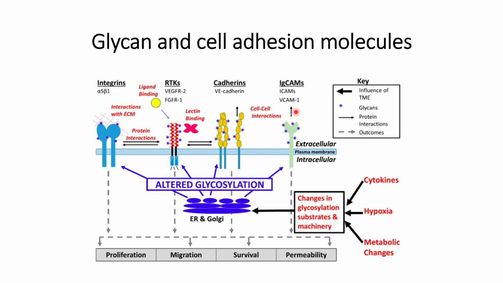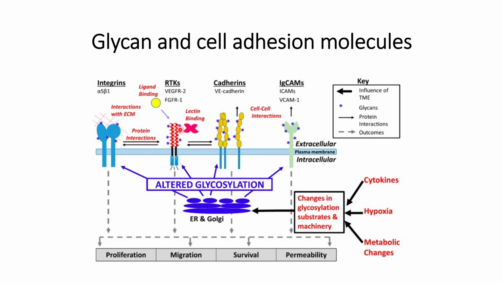And it is not just the cell-cell interaction; the adhesion property is also acquired by the cells' interaction with the extracellular matrix, and that will also get affected by the altered glycosylation of the proteins that play an important role in extracellular matrix interaction.